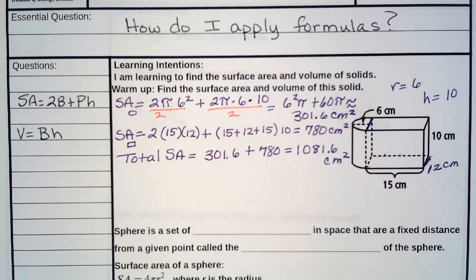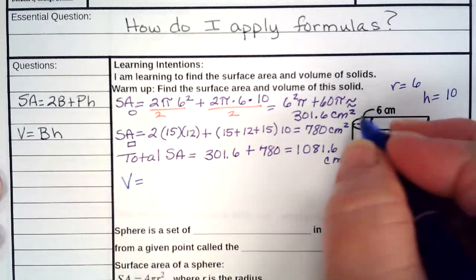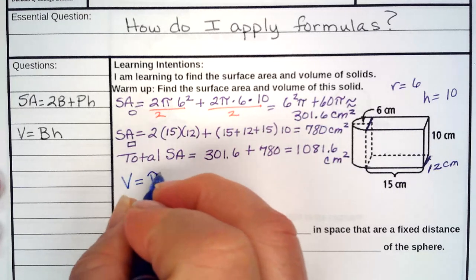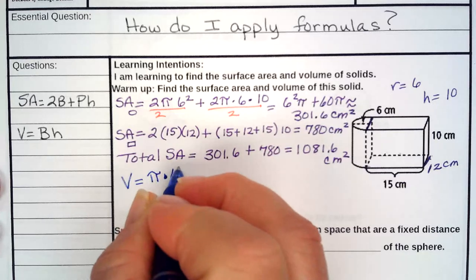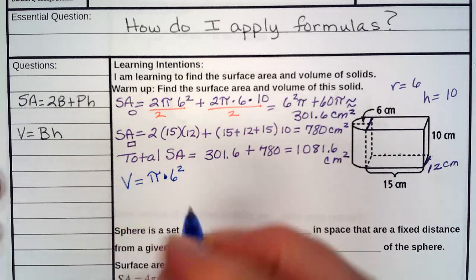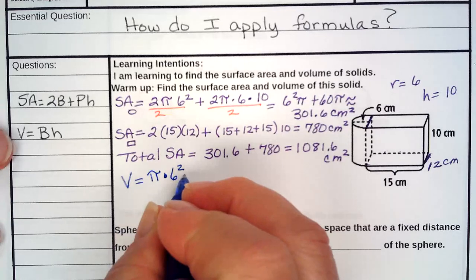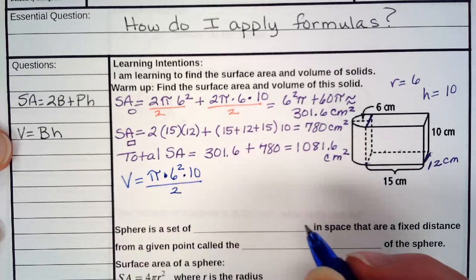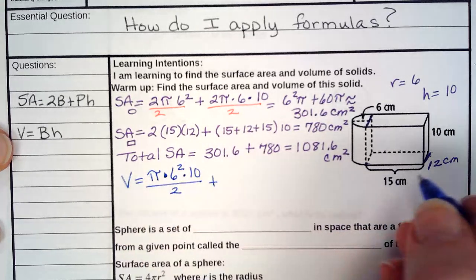Okay, if you're still struggling, back the video up and watch it again. For your volume, it's easier. It's your base area times your height. So as I'm looking at my volume, I've got the semicircle, so that would be pi times 6 squared, that's the area of a circle, and then times your height, which is 10, but I need to divide that one by 2, plus for the box.